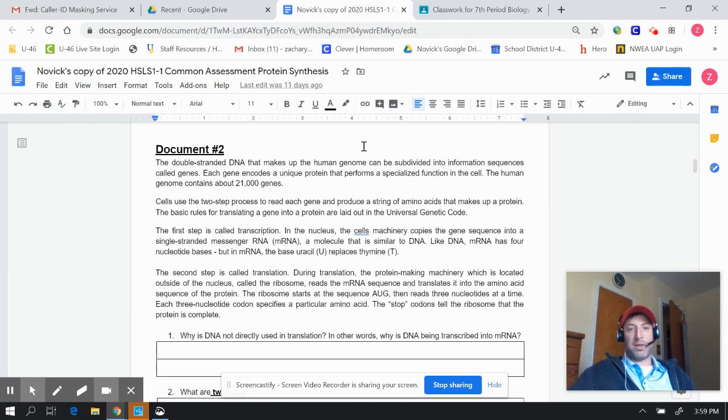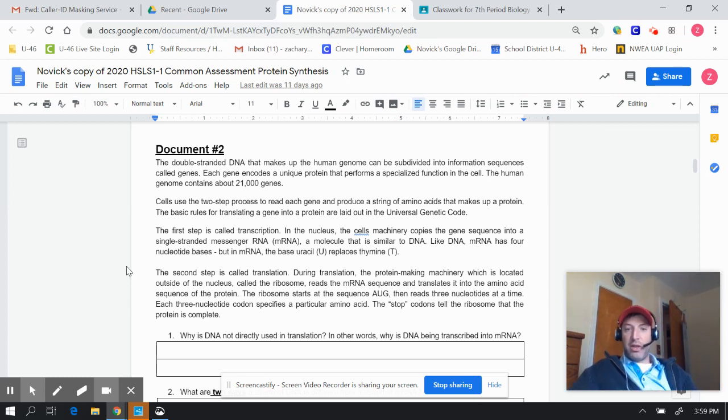The first step is called transcription. In the nucleus, the cell's machinery copies the gene sequence into a single-stranded messenger RNA, mRNA, a molecule that is similar to DNA. Like DNA, mRNA has four nucleotide bases, but in mRNA, the base uracil replaces thymine. The second step is called translation.